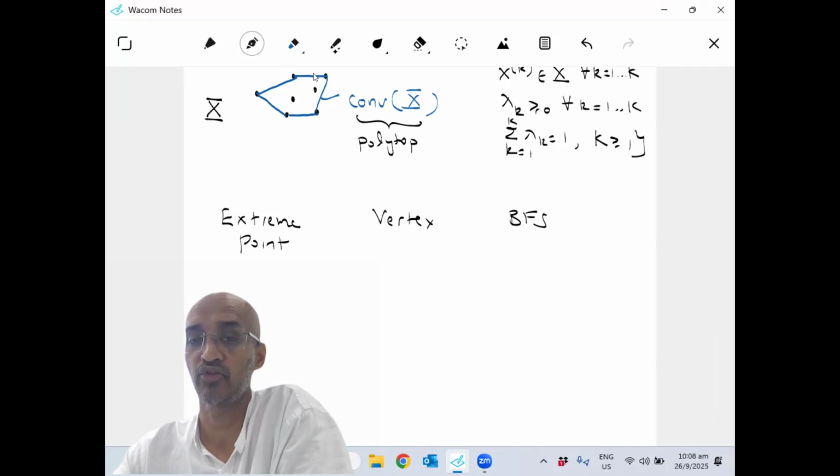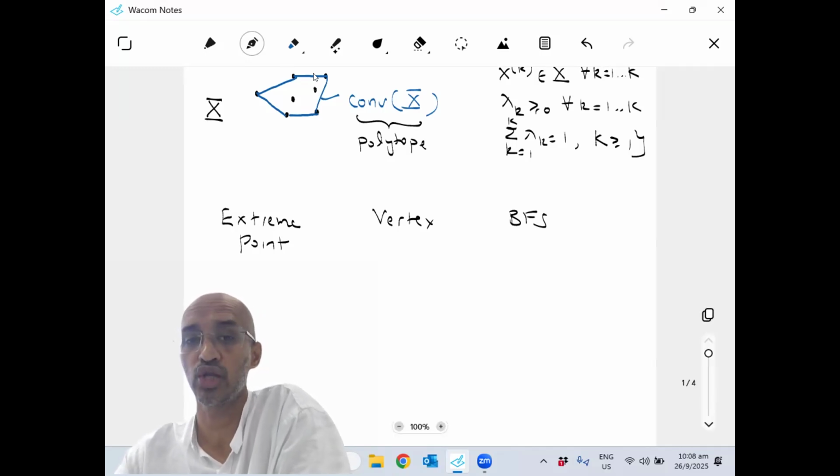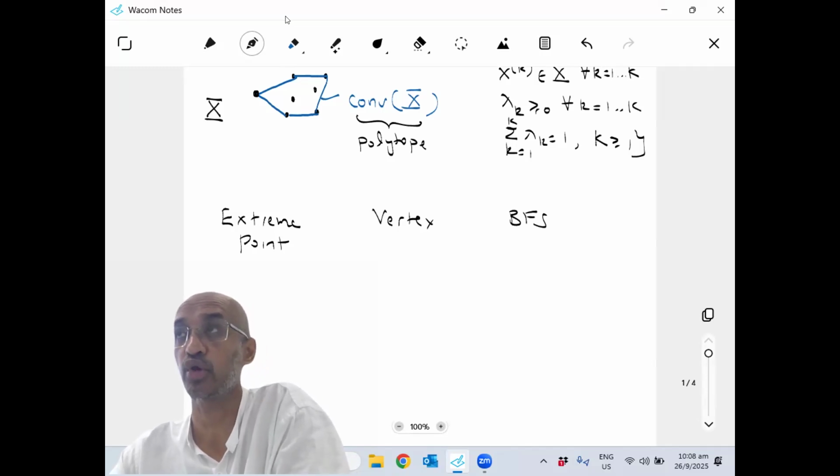In fact, it's a polytope. It's a bounded set, defined by, in this case, 1, 2, 3, 4, 5 linear inequalities. The extreme point is simply a point such that you cannot write it as a convex combination of two other points, basically. So if I'm looking at the blue set now, if I'm looking at the LP region, so this is the LP region.